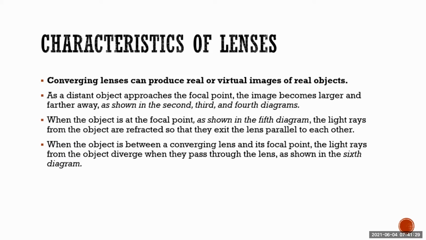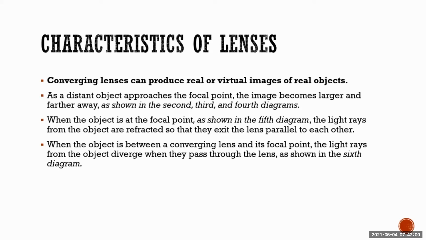Now, characteristics of lenses. Convergent lenses can produce real or virtual images, just like the mirrors. As a distant object approaches the focal point, the image becomes larger. When the object is at a focal point, I'm going to show you the diagrams later, the light rays from the object are refracted so that they exit the lens parallel to each other.